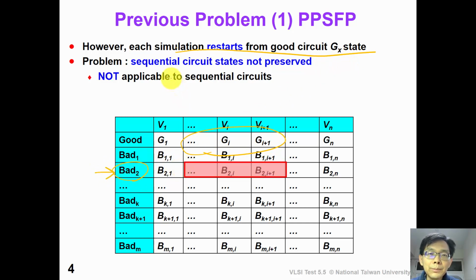The problem with PPSFP is that because we cannot preserve the sequential circuit state, PPSFP is not applicable to sequential circuits, since it does not take care of the state relationship among two neighbor patterns.